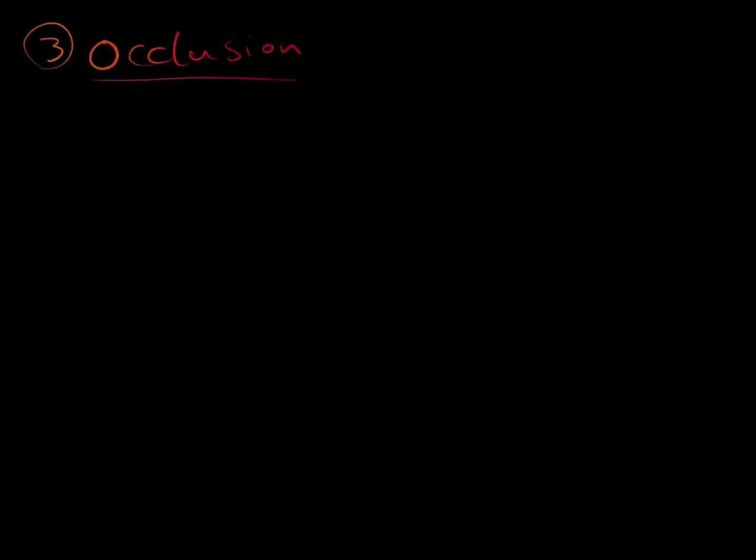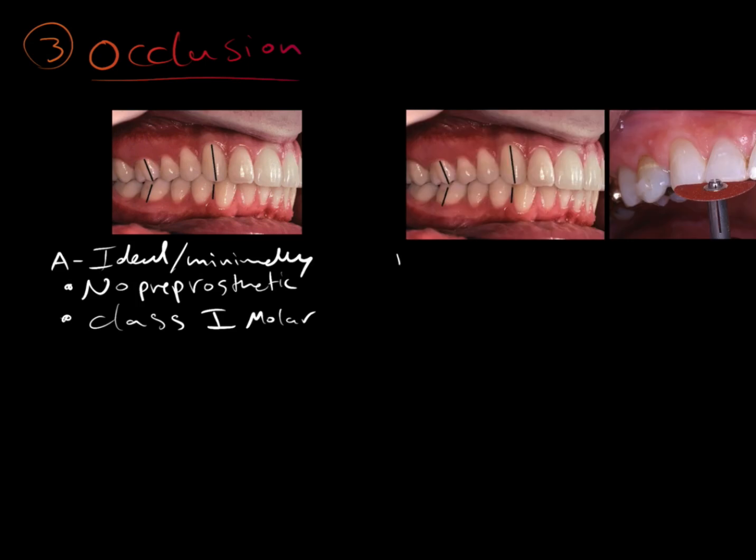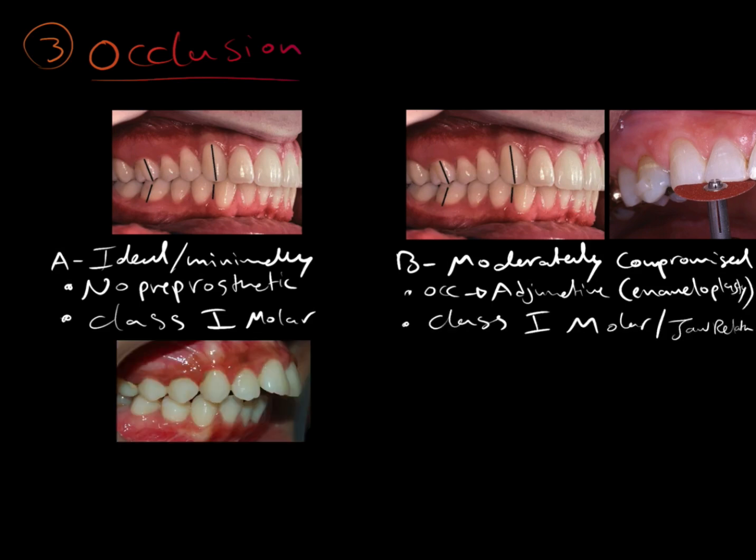Number 3, occlusion. Type A, ideal or minimally compromised: no pre-prosthetic therapy is needed, and Class 1 molar and jaw relationship. Type B, moderately compromised: occlusion requires localized adjunctive therapy like enameloplasty on premature occlusal contacts, as well as Class 1 molar and jaw relationship.